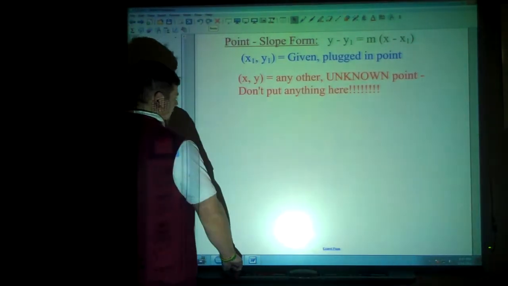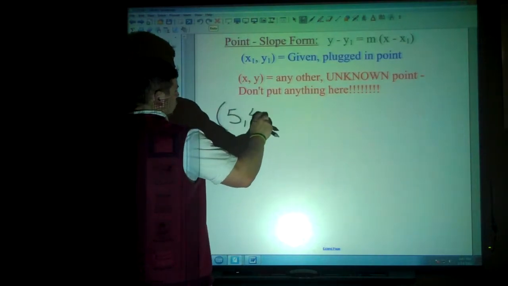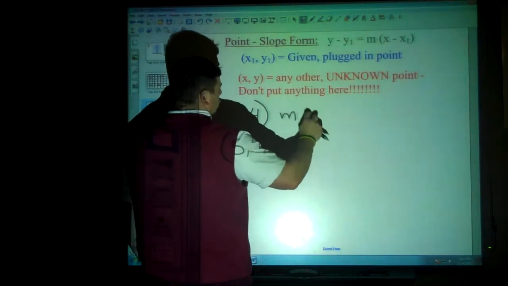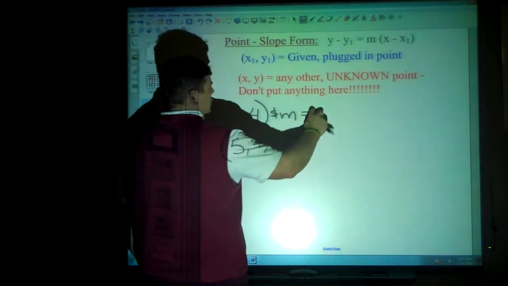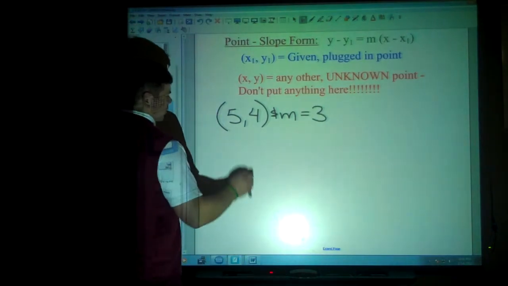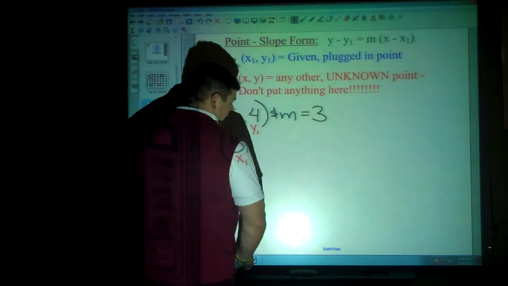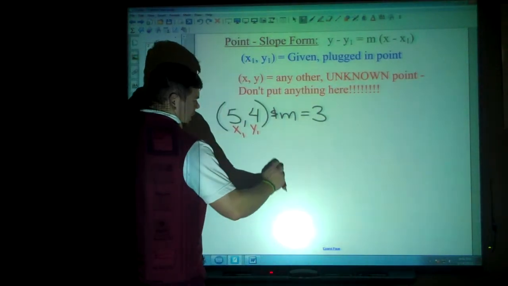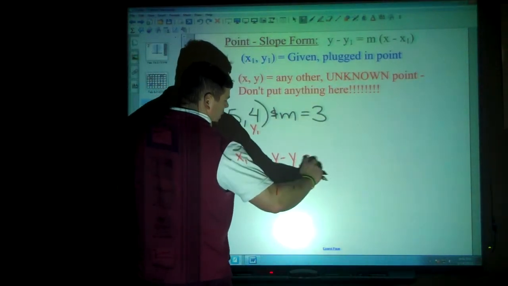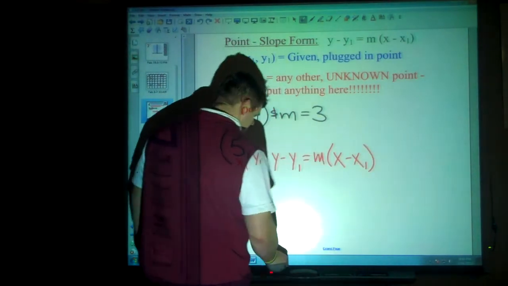Alright, so let's just say hypothetically that you had a coordinate of 5, 4 and a slope that was equal to 3. Just to keep numbers nice and simple. This is your x sub 1 value, and this is your y sub 1 value. We have an equation of y minus y sub 1 is equal to the slope times x minus x sub 1.